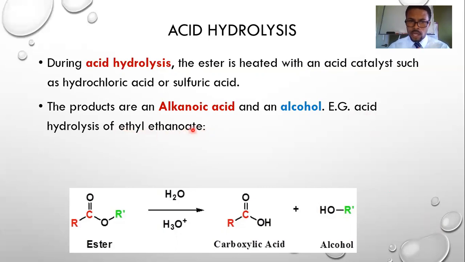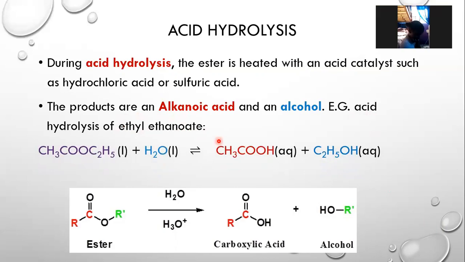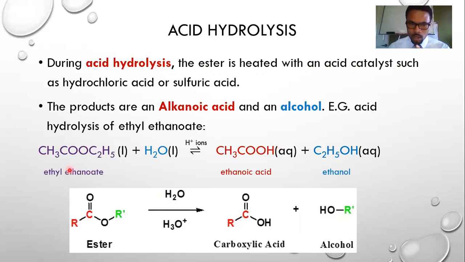This here is the ester, ethyl ethanoate, and when you carry it through acid hydrolysis, we see the H plus ions from the acid, and you produce an acid and an alcohol. In this case, the ethyl, which is the alcohol portion of the ester, is going to produce ethanol, and the ethanoate portion of the ester is going to form ethanoic acid. And this is basically acid hydrolysis.